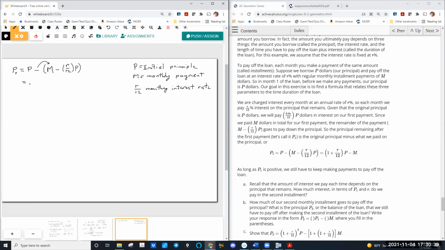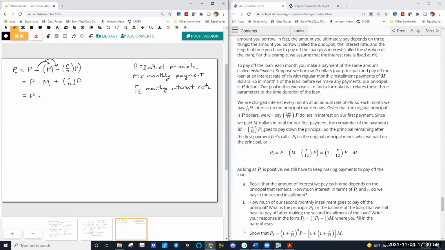So I'm going to distribute this negative. So P minus M becomes plus R over 12 times P. And I'm going to group those terms with the P in it.